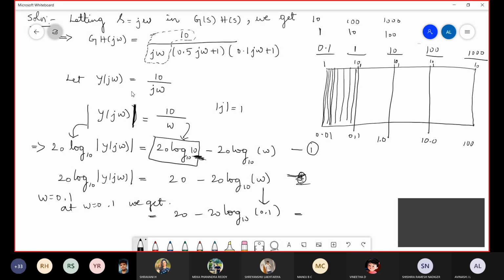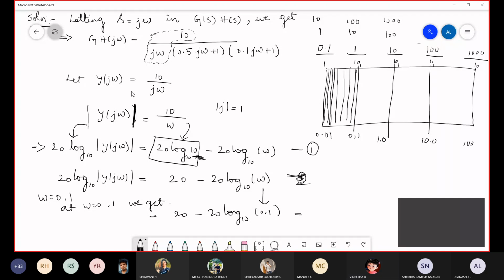What is the value of log 0.1 to the base 10? In the scientific calculator, you can calculate and tell me.